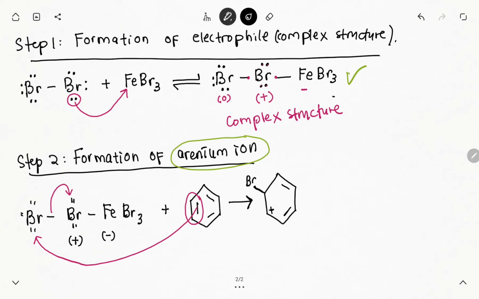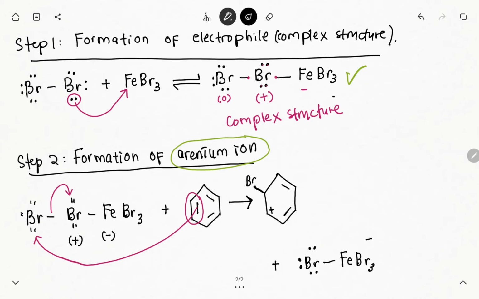And what happened to the rest of the compound? It forms Br with two lone pairs remaining, bonded with FeBr3. When we check the formal charge for this bromine, it is negative, so the overall charge of the ion is negative.